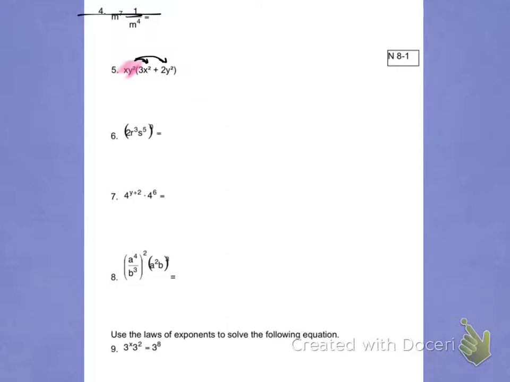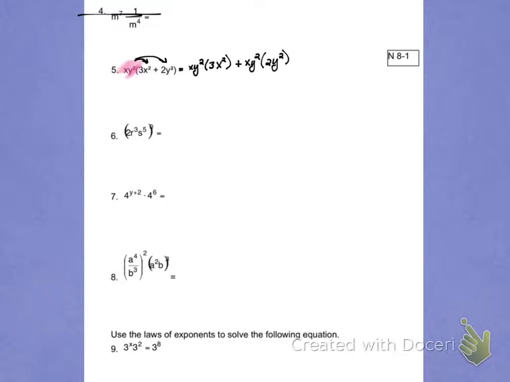What that's going to look like then is xy squared times the first element of the binomial, which is 3x squared. And then we'll have plus xy squared times the second part of the binomial, which is 2y squared.